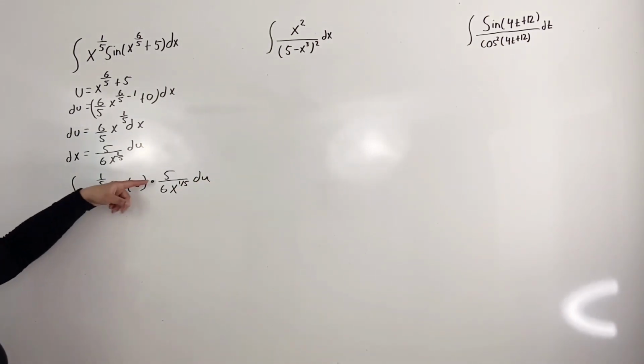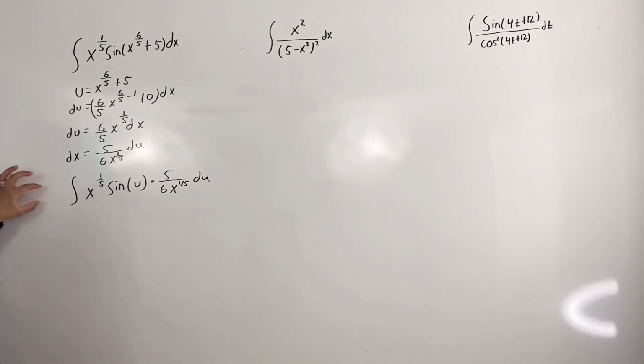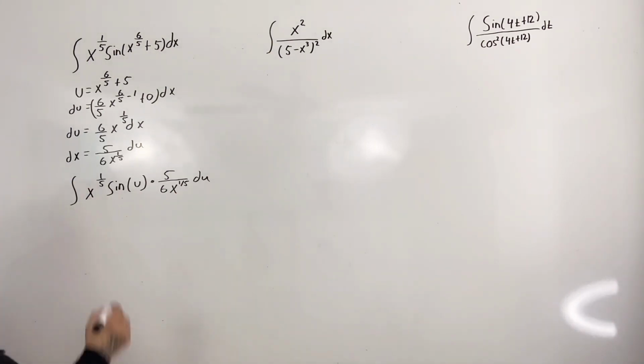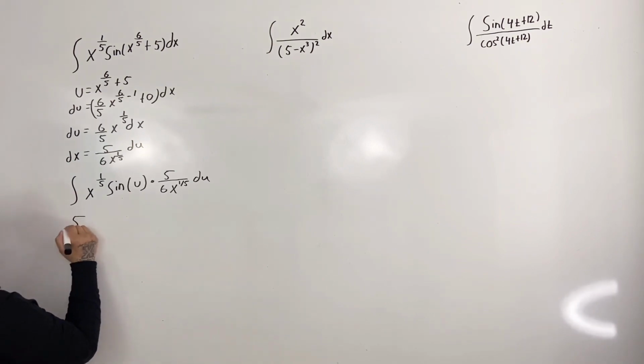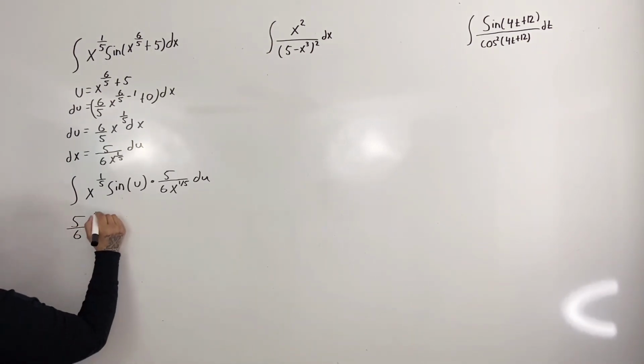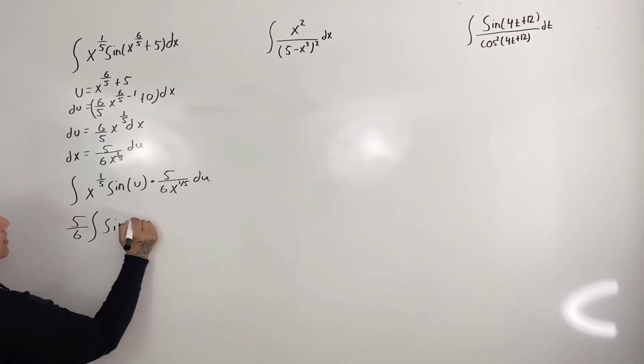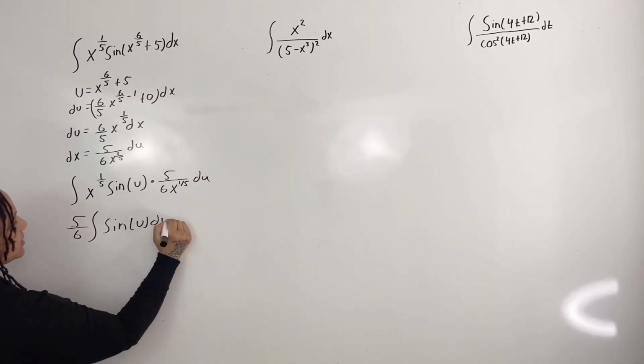And now I'm just going to bring 5/6 out, and I will cancel x to the 1/5 with x to the 1/5. So we have 5/6 integral of sine of u du.